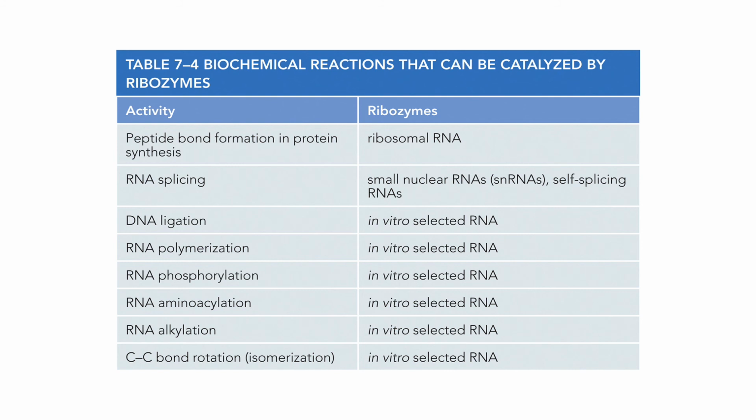So the finding that there are many, many different types of RNAs in the cell, and that many RNA molecules have these enzymatic activities, has led people to think about what was in the origin of life.